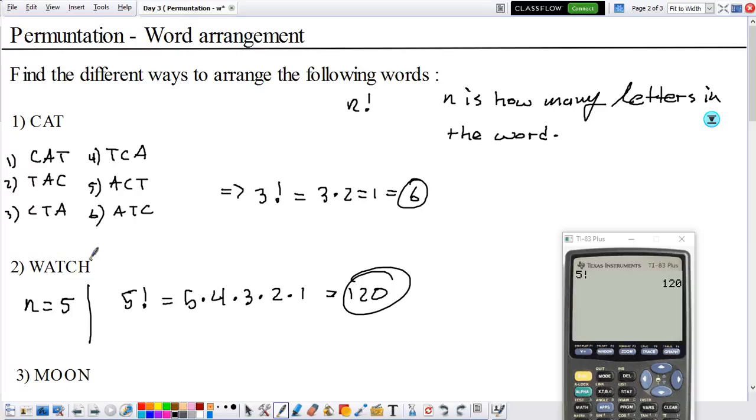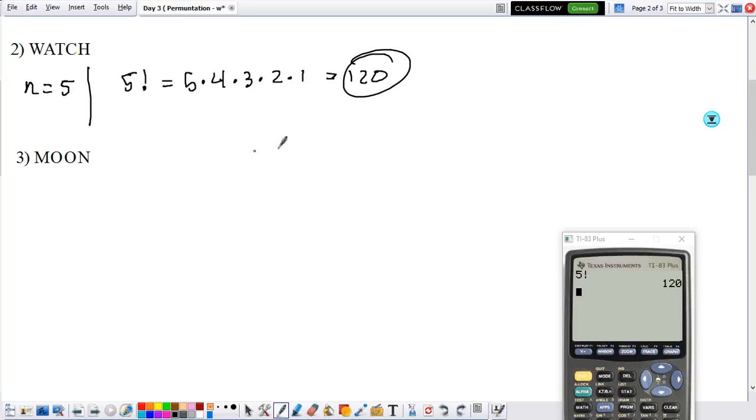So that's why we can just take the factorial of it. But notice now here in example 3, there's a letter that repeats, which is the O. So we can still use the same idea, but now we got to take into consideration the amount of letters that get repeated.